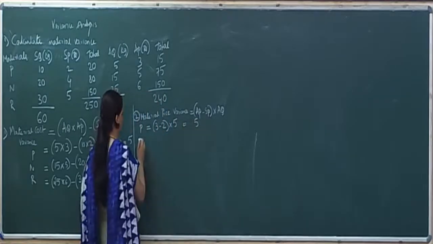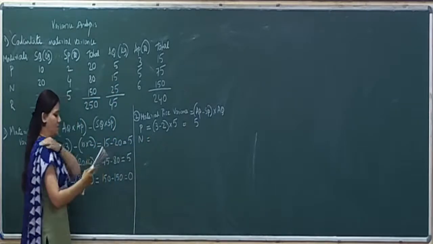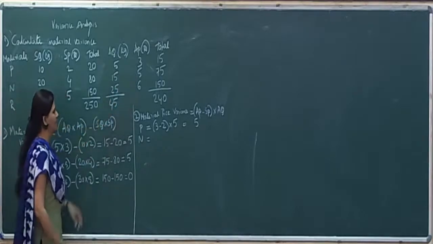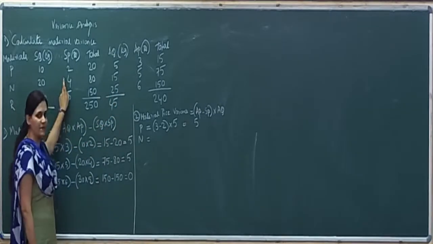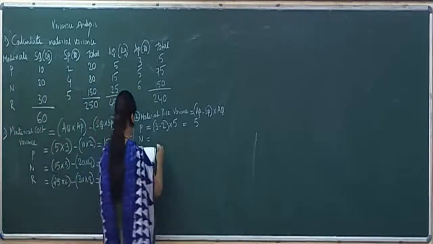In the same way for the next one, N, the actual price is 5, the standard price is 4 and the actual quantity is 15.